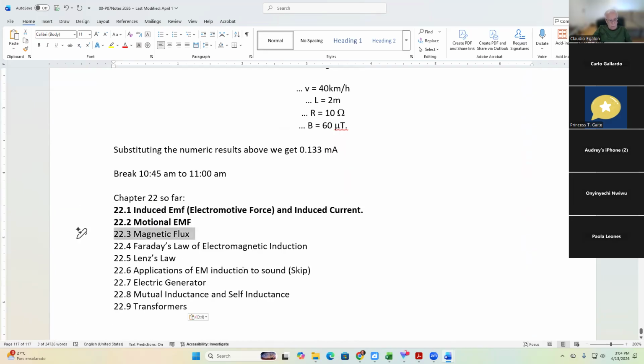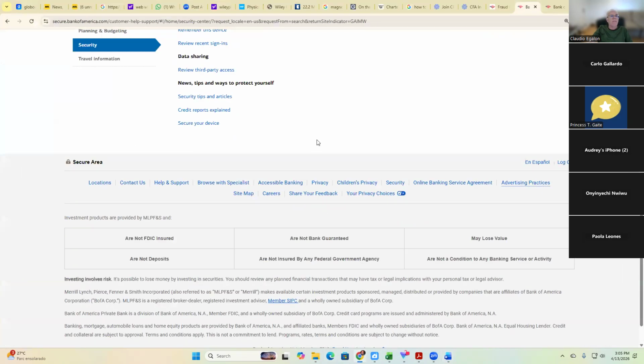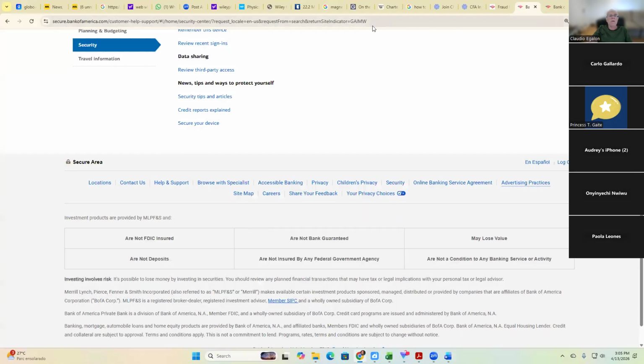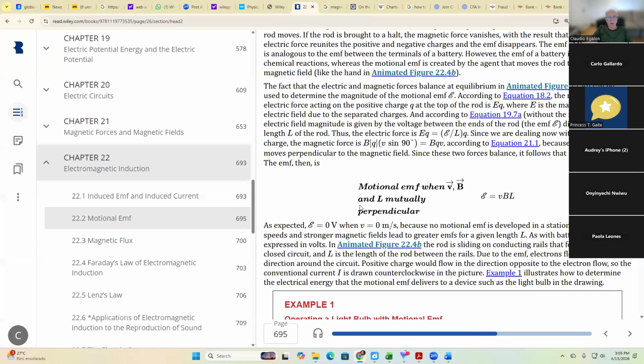Magnetic flux. We covered Faraday's law as well. We covered Lenz's law too. We covered almost everything. Okay, and magnetic flux. Let's go here.